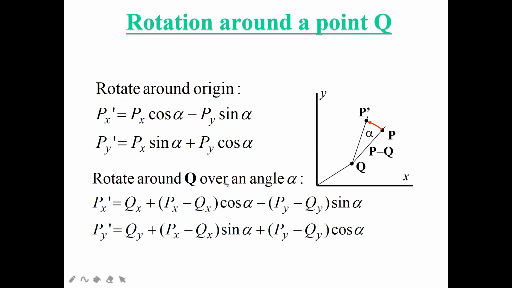The first thing is to find the distance. How much distance is covered? If the total distance from origin to this point is p and from origin to this point is q, then the distance from p to q will be p minus q.